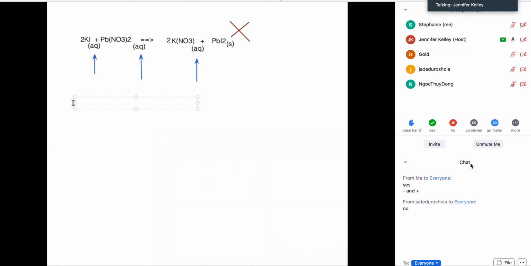So when it says 2KI, what that's saying is there's KI and KI. And when it says Pb(NO3)2, that means there's Pb, and it's connected to 2 of the NO3s.